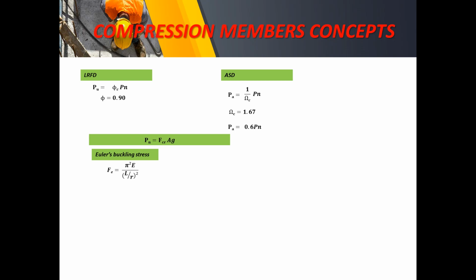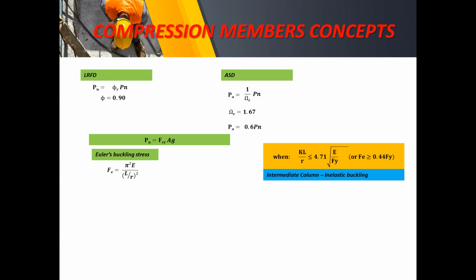Now L over r is synonymous to KL over r. So of course, utilizing the slenderness ratio, we are going to compare it to the expression 4.71 square root of E over Fy. This is in accordance with the requirement of the National Structural Code of the Philippines 2015 edition.